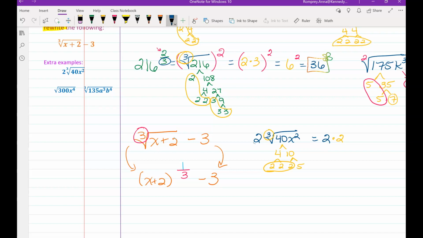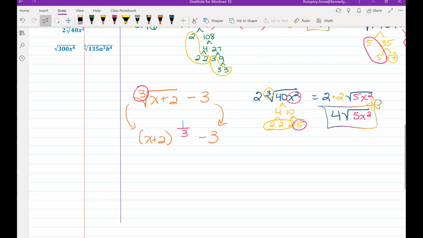So we're just going to write our radical symbol. We had a 5 left over, and the 2 x's left over. So just simplify: 2 times 2 gives us 4 times the cube root of 5x squared. That's it. Can't take out anything else, so you're done.